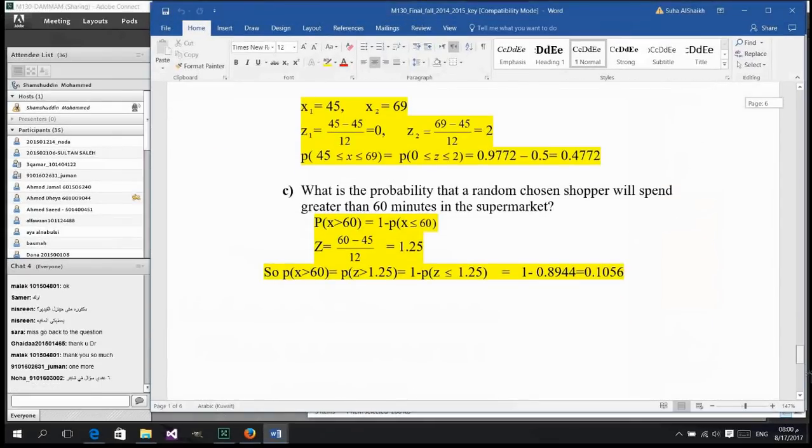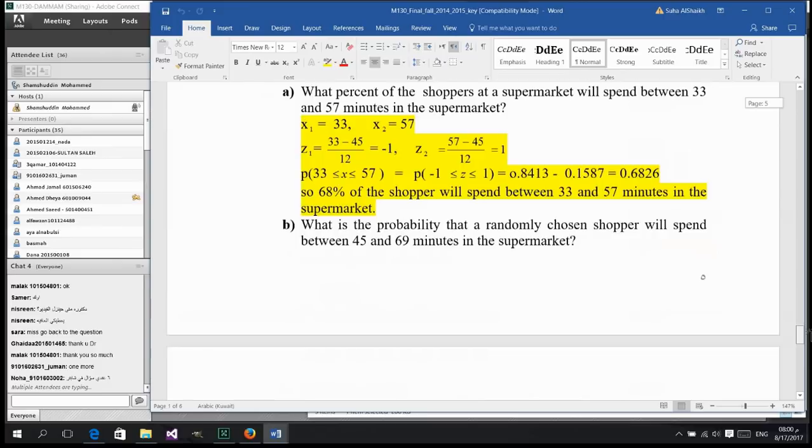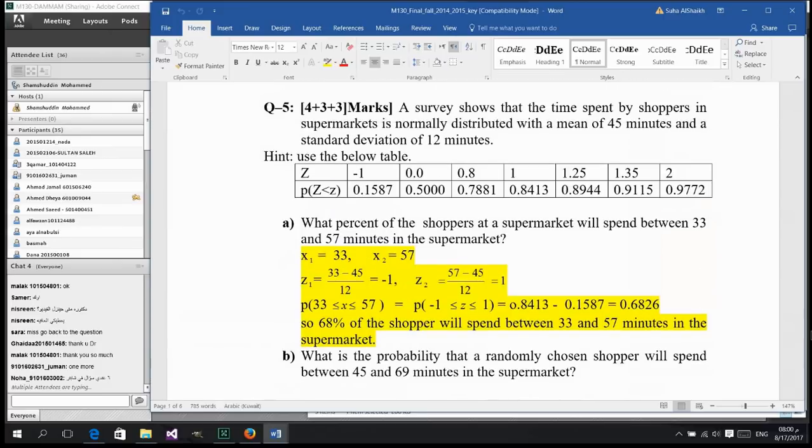The last question, here we go. Again, the normal distribution. They are giving you a normal distribution with the mean 45 and the standard deviation 12. So my formula is z equal to x minus 45 divided by 12, and they give me the table.